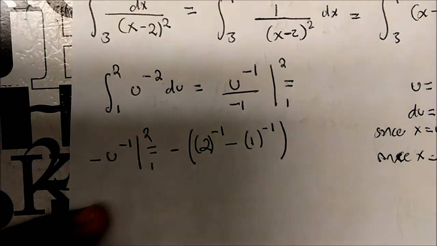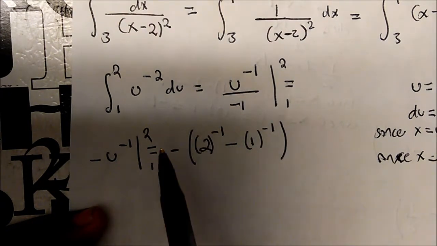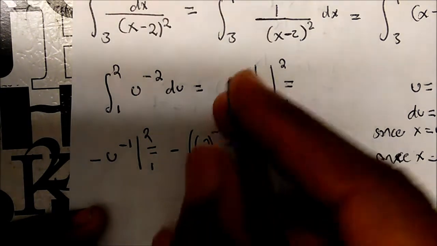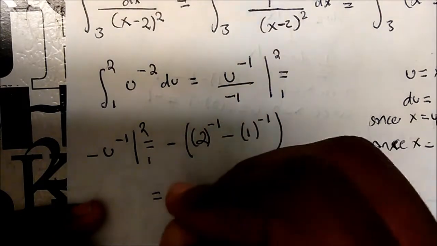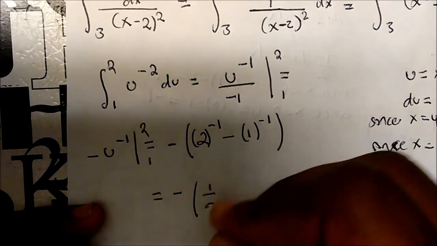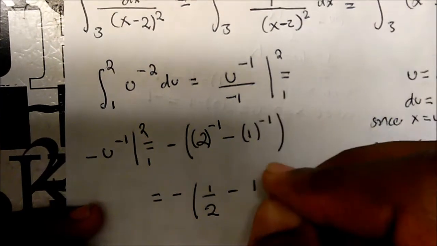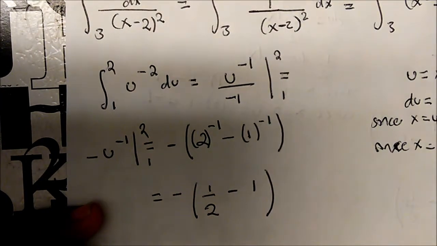Notice that this 2 is raised to a negative 1 power, so really this is just 1/2. I could just flip the 2 into the numerator and get a positive exponent. So this is just equal to negative 1/2 minus, well, 1 divided by 1 is just 1.